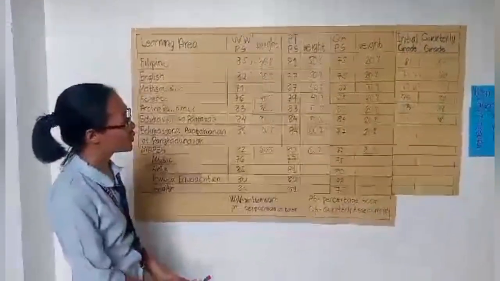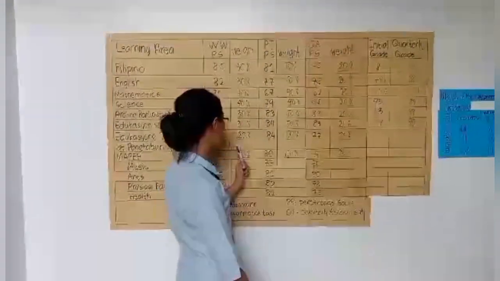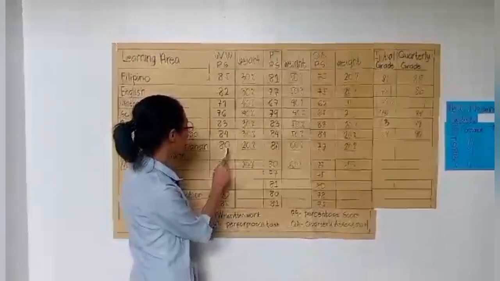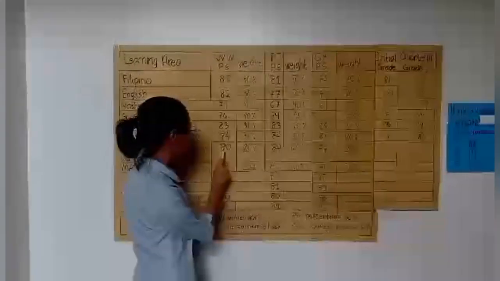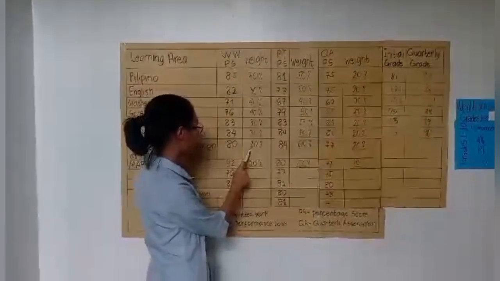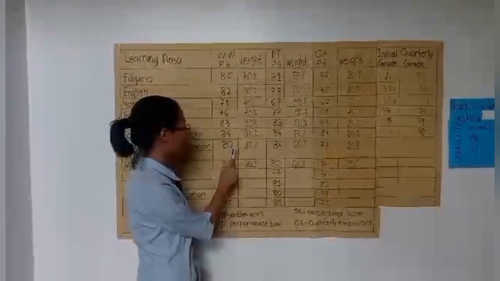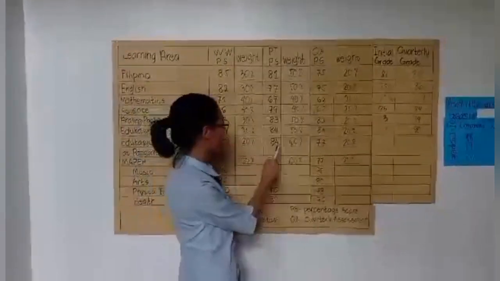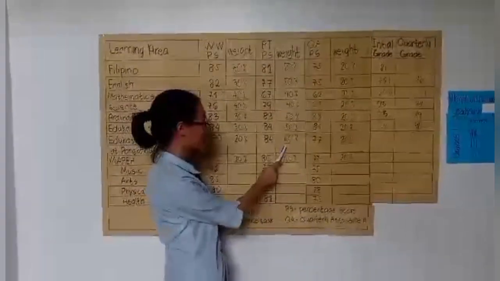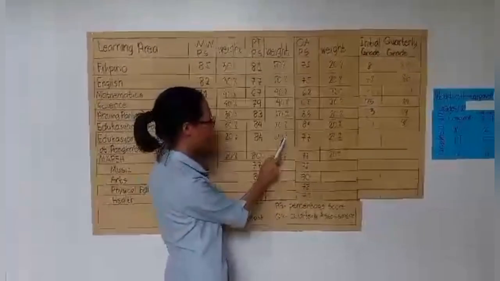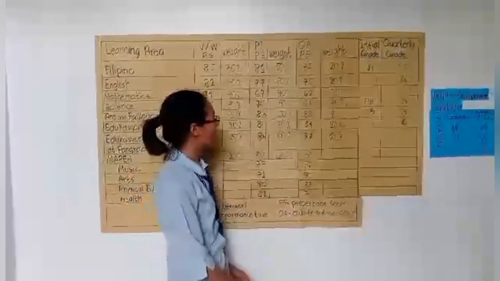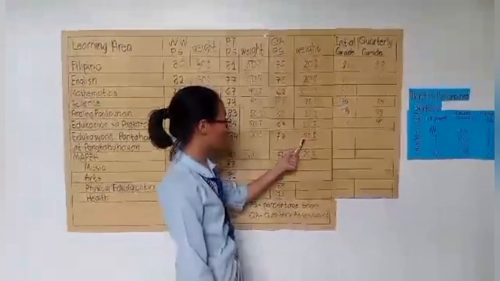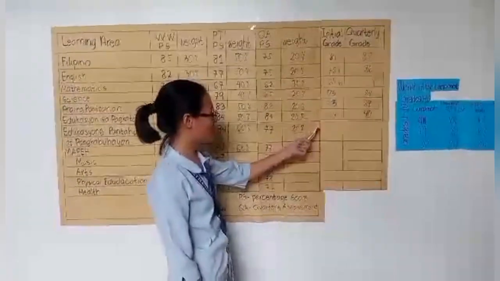So to get the initial grade, we have to multiply the percentage score and its weight. 80 times 0.20 equals 16. Then 84 times 0.60 equals 50.4. And then 77 times 0.20 equals 15.4.